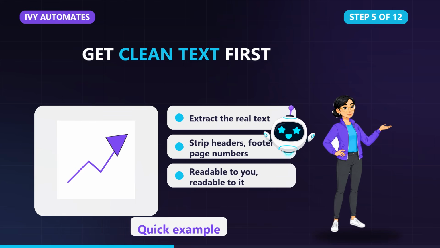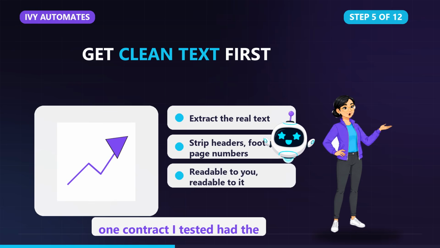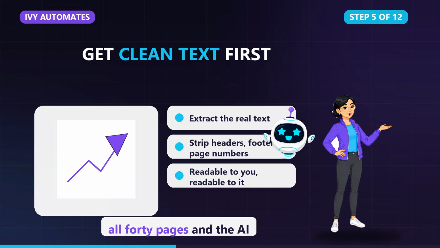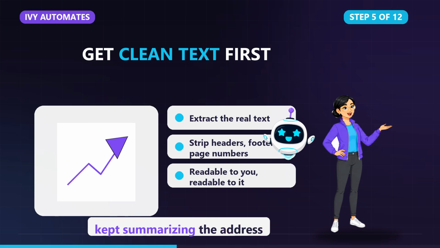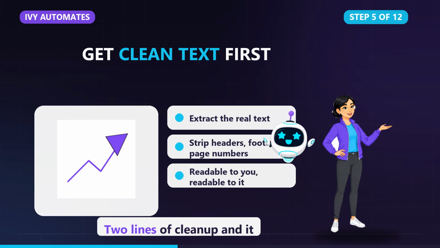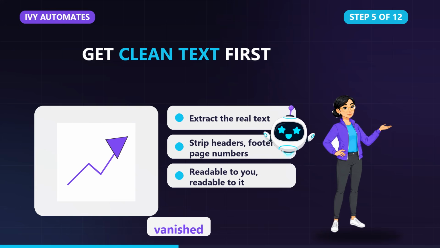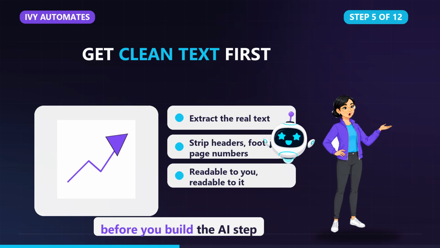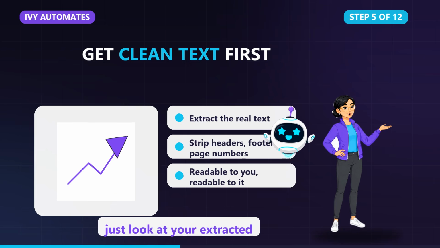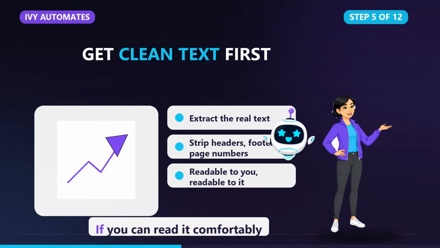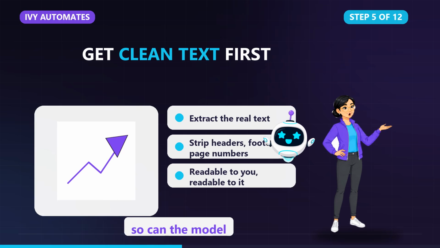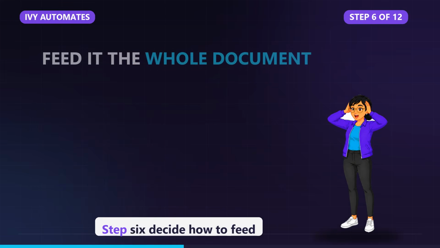Quick example: one contract I tested had the company's address stamped on all 40 pages, and the AI kept summarizing the address like it mattered. Two lines of cleanup, and it vanished. Try this: before you build the AI step, just look at your extracted text with your own eyes. If you can read it comfortably, so can the model. Garbage in, garbage briefed.